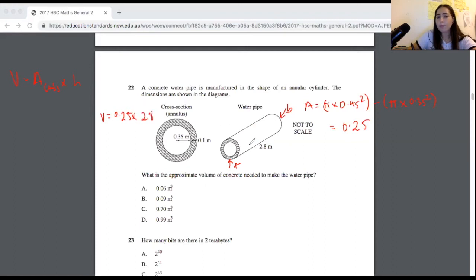It's also really important to make sure that the units are consistent. The units here were meters, and the units here are meters, so that's fine. But that's something to keep your eye out for. So we get 0.70 meters cubed. So that leaves us with option C.